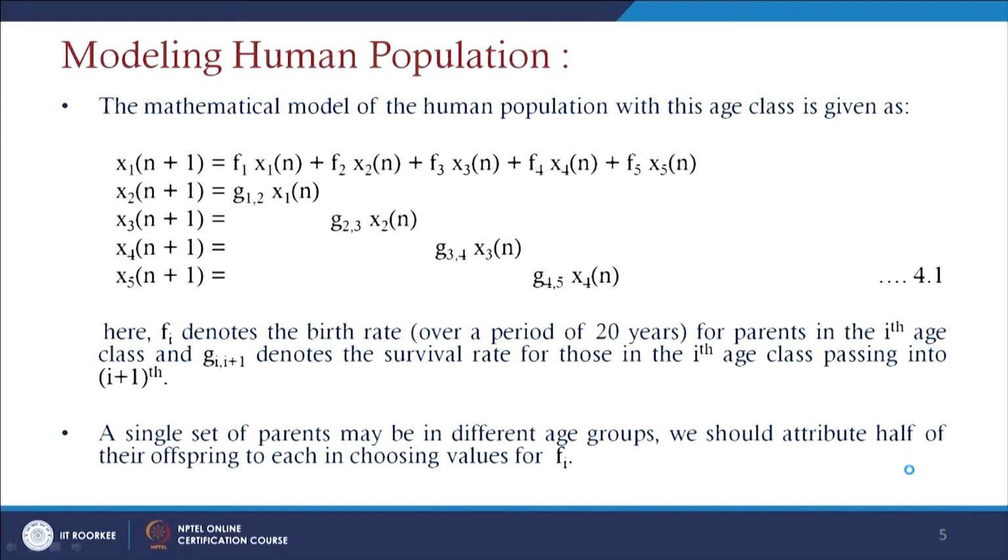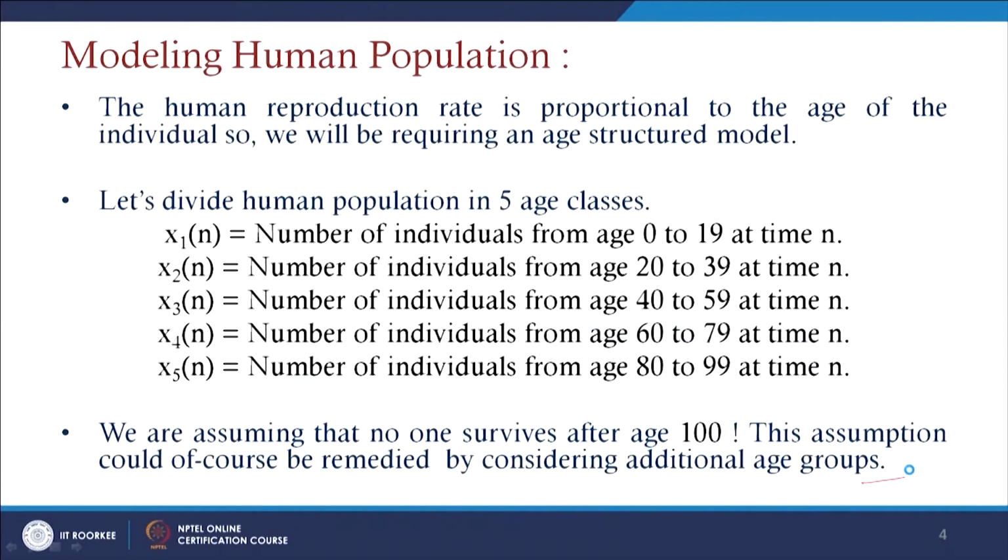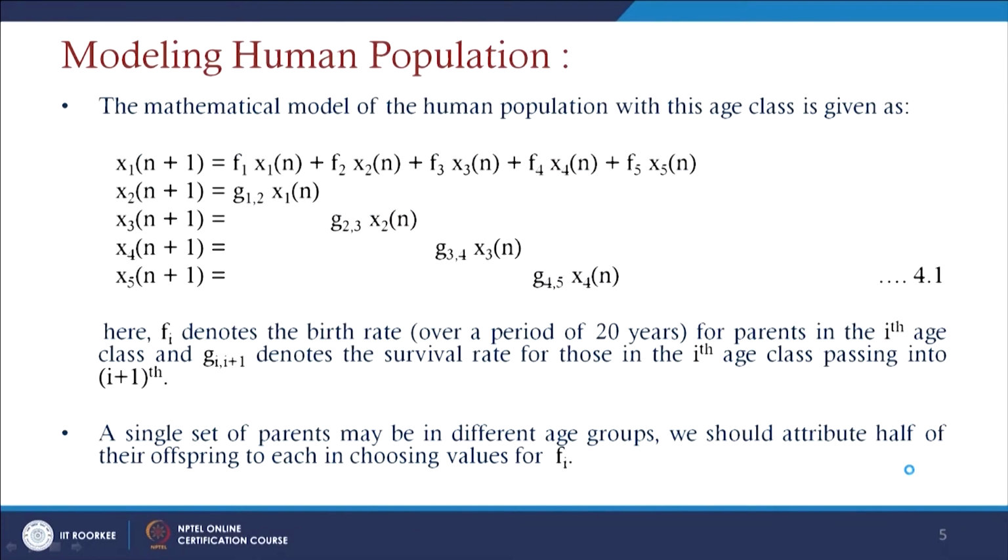If we go for the mathematical representation of all these age groups of the human population, we can write the first age group as x1, which exists between the ages of 0 to 19. We can consider f1 x1n, f2 x2n, f3 x3n, f4 x4n, f5 x5n.